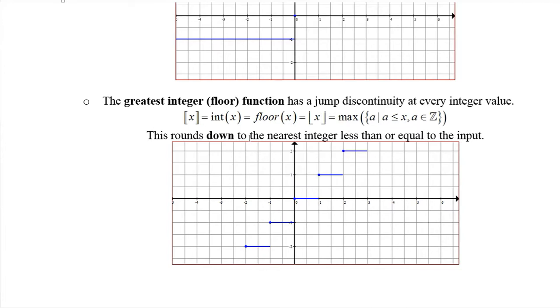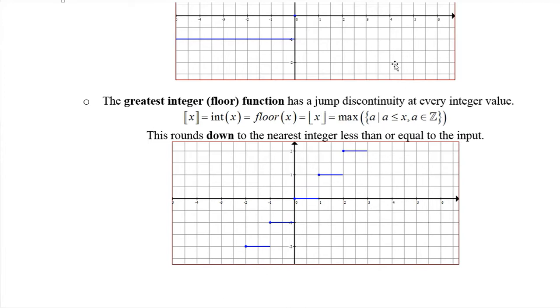So it's the round down function. It takes 1.3 and rounds it down to 1, takes 1.7 and rounds it down to 1, and of course the integers it leaves alone: 1, 2, 3. So it has solid dots on the line y equals x at integer coordinates, what we call lattice points: -2, -2, -1, -1, 0, 0, 1, 1, 2, 2, 3, 3, 4, 4, 5, 5.